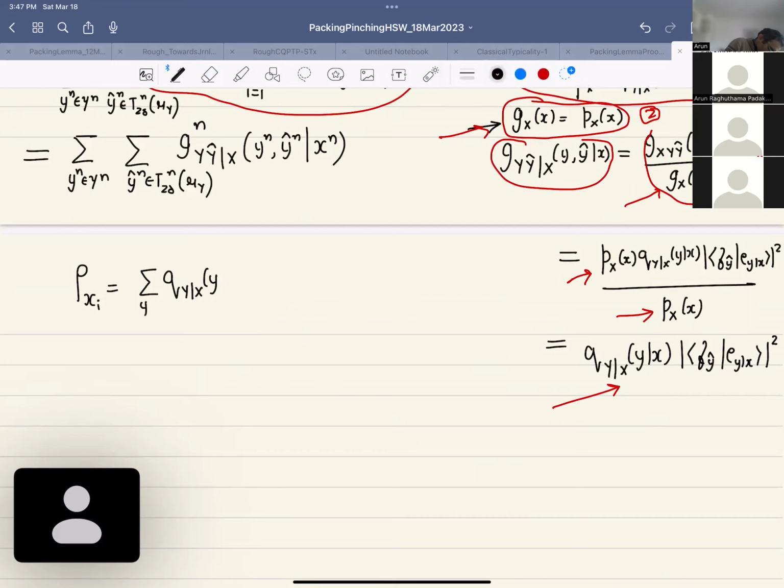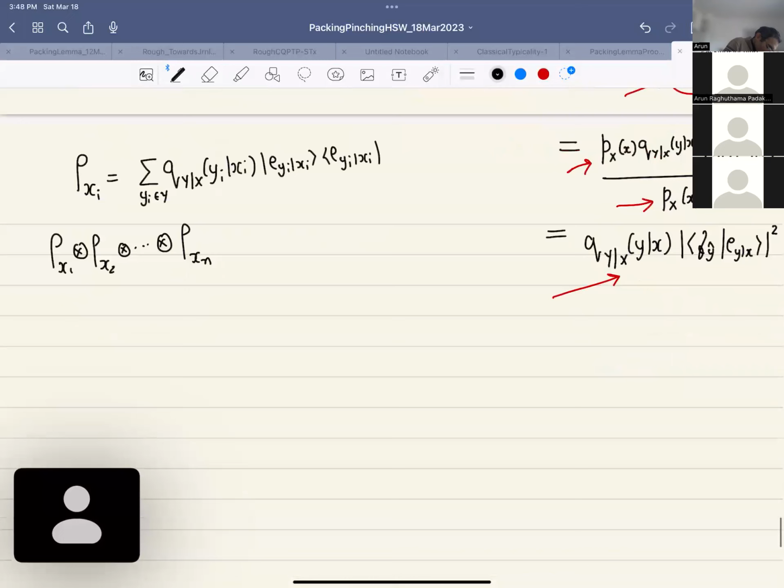So can I say this? Do you agree with this? I'm just writing with the i, and I'm calling the dummy variable yi. That's all. Now row x1 tensor row x2 all the way until row xn, that's your row x, that's your row xn.